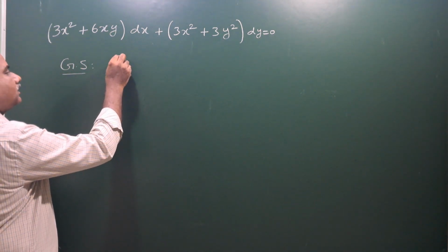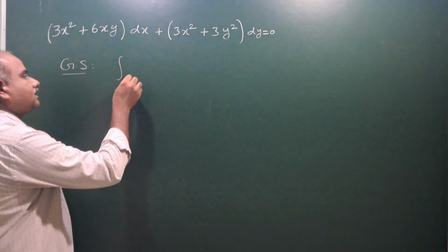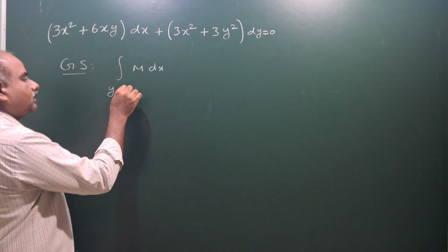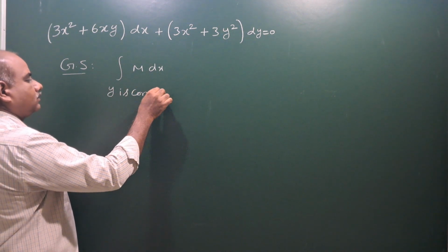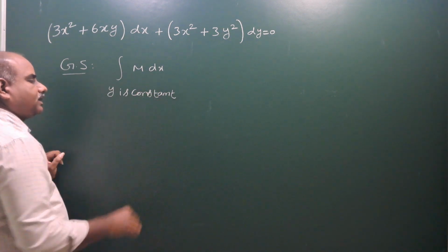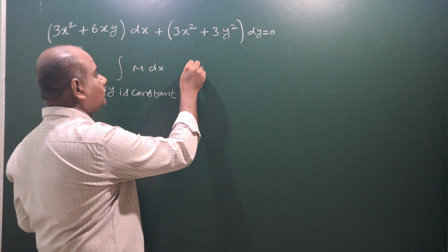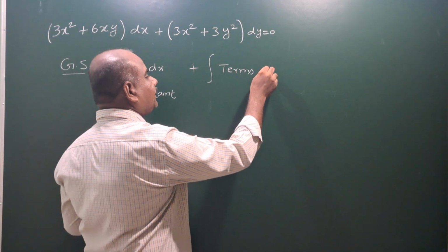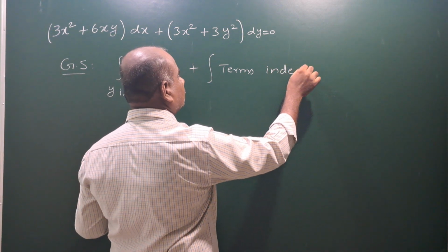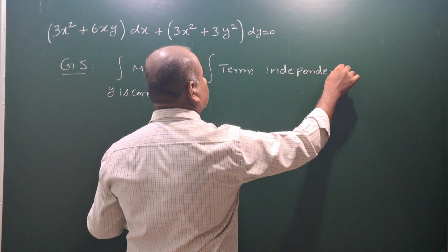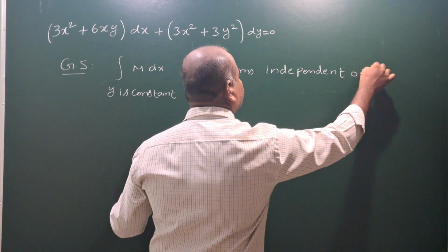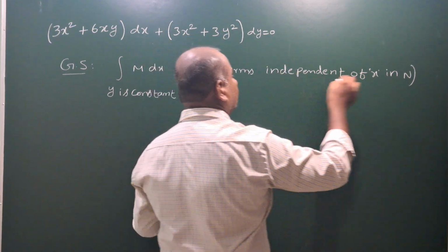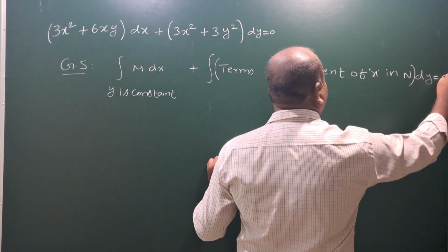The formula for general solution for an exact differential equation is like this: integral M dx, here y is treated as constant, plus integral of terms independent of x in N dy is equal to c.